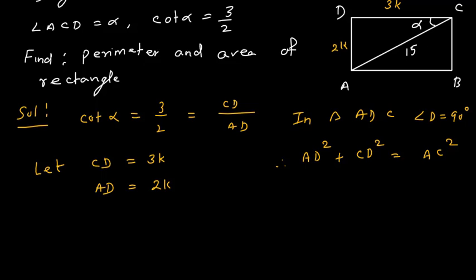The value of AD is 2K, so this is 2K the whole square, plus CD is 3K, so 3K the whole square, equals AC, which is 15 square.